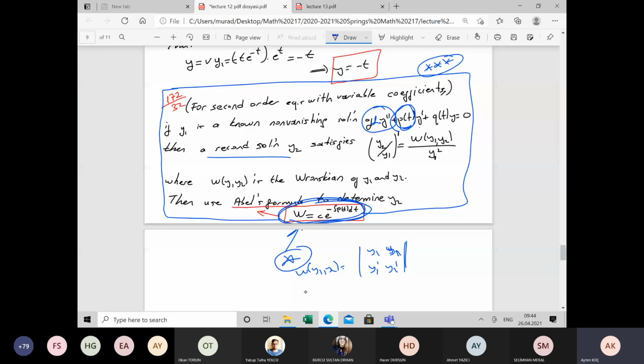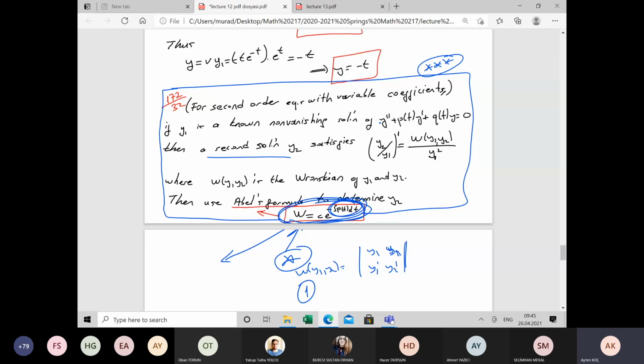That is the definition of the Wronskian, and with the differential equation in standard form, we take the coefficient of y prime, p of t, and it is easy to compute the Wronskian.